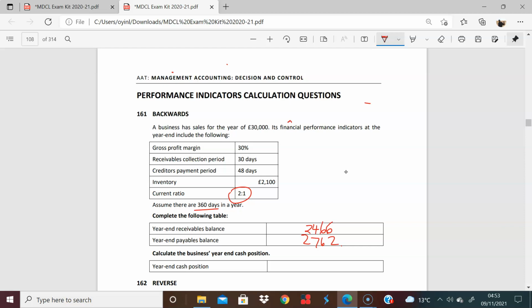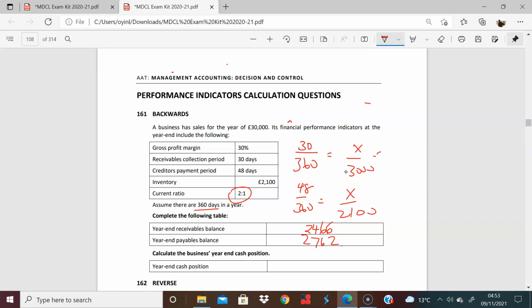So in correcting this very quickly, 30 over 360 is equal to x over 3000. 48 over 360 is equal to x over 21,000. What are my x's?